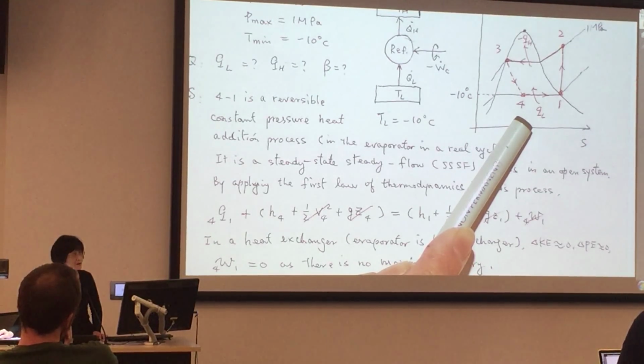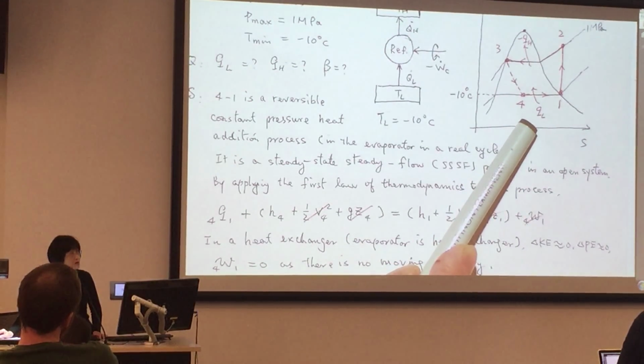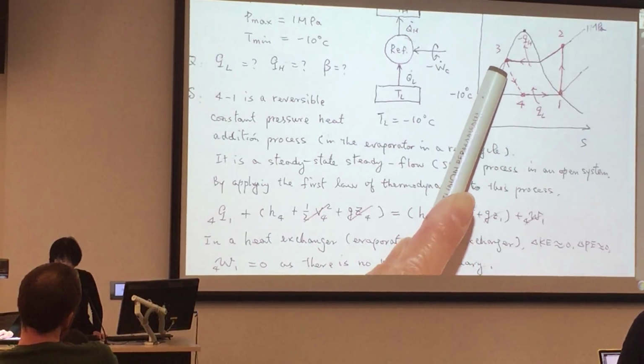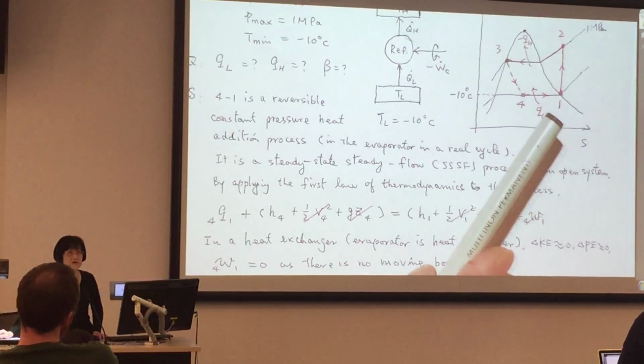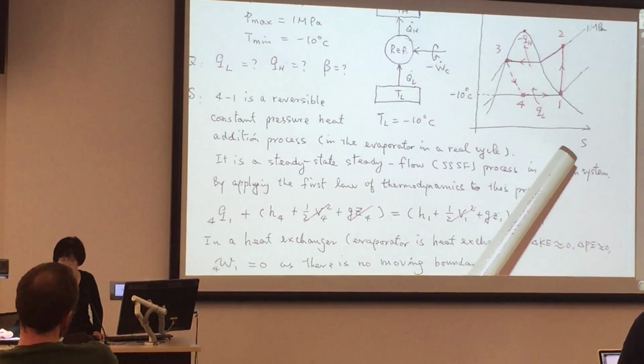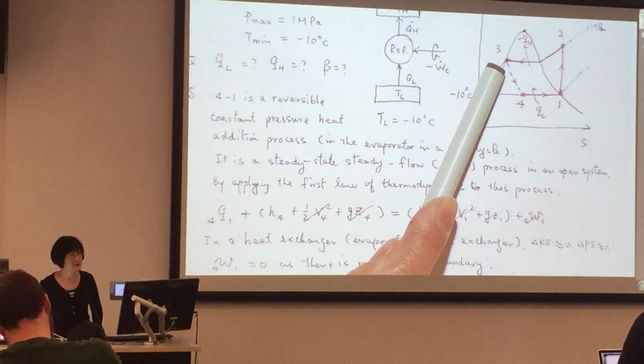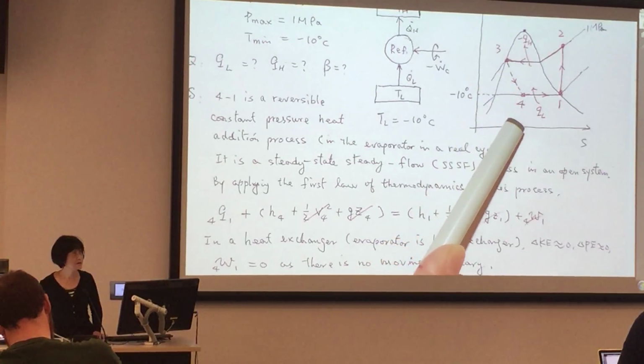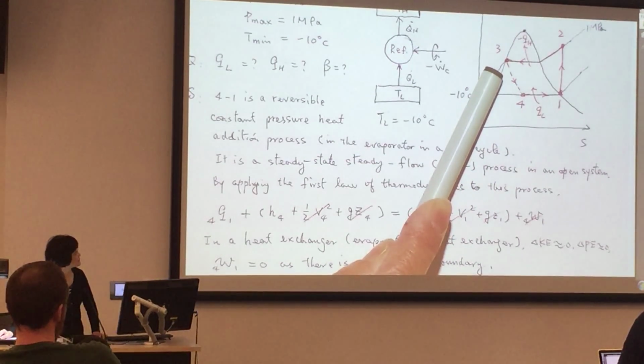However, from the application of the first law, we know 3 to 4 is a constant enthalpy process, right? So if we know the enthalpy at state 3, then we know the enthalpy at state 4. And then we have state 3.